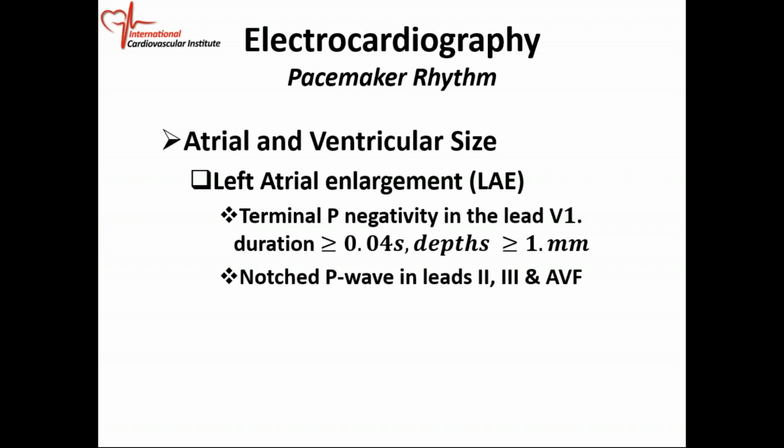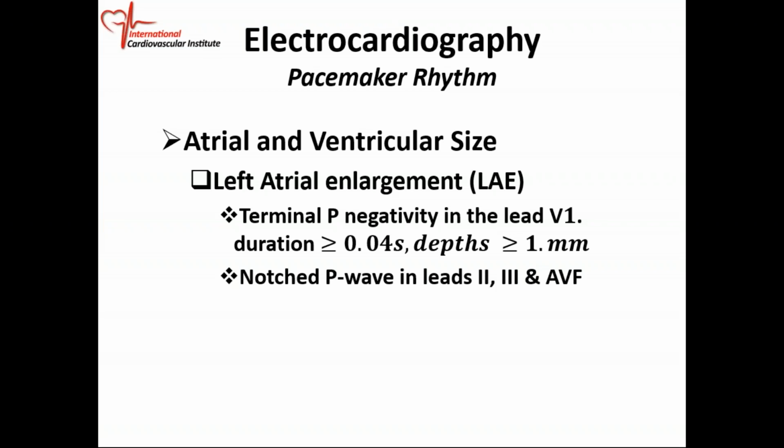teach you to do. Now, the first chamber we're going to look at is the left atrium. So you can determine left atrial enlargement by just looking at the surface ECG. And one of the best ways to do this is to look in lead V1.